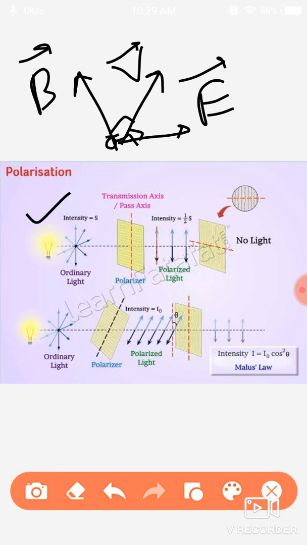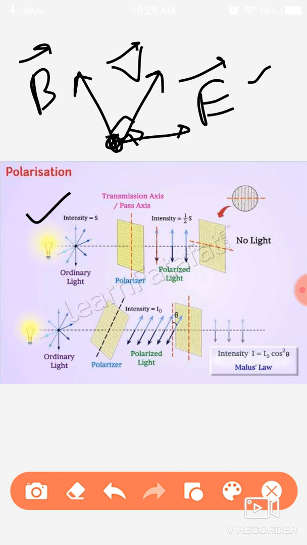A light source where the vibration of the electric component occurs in all possible directions is called non-polarized, or unpolarized, light.